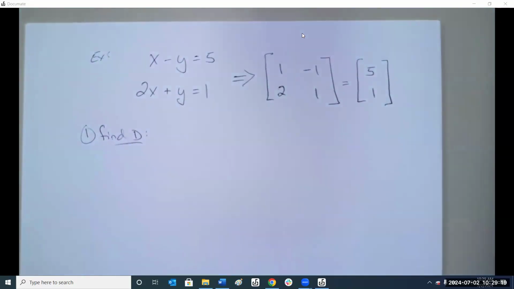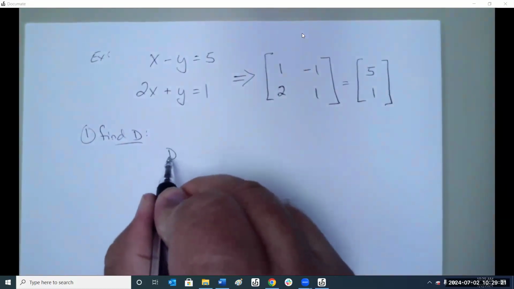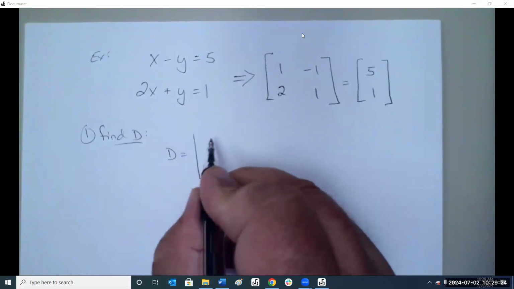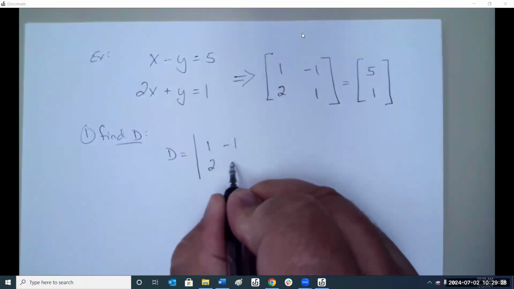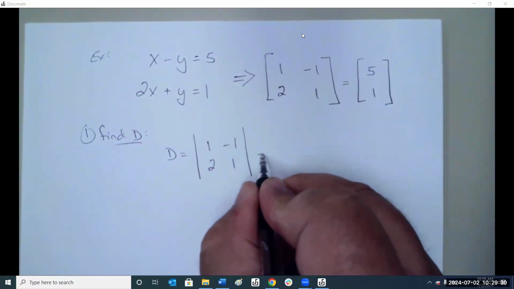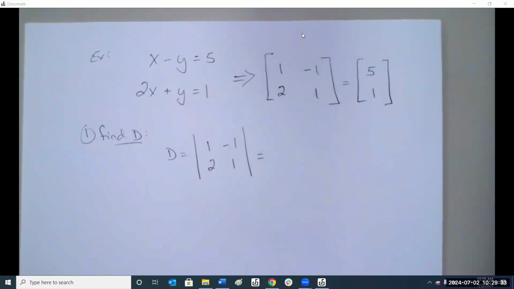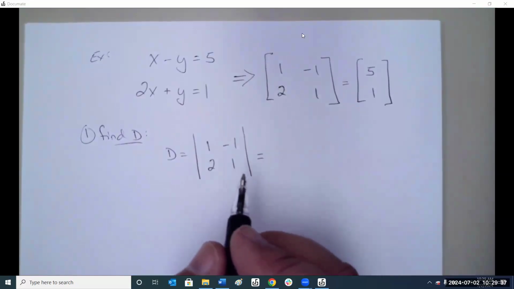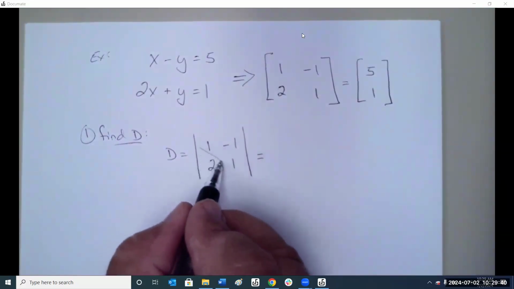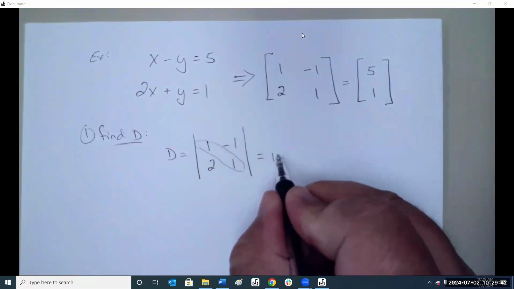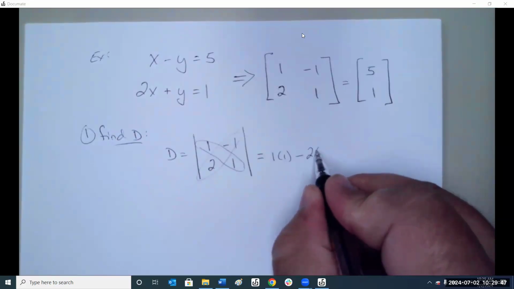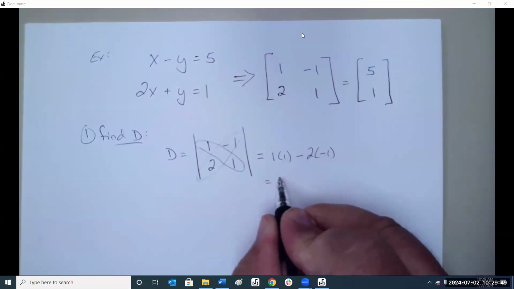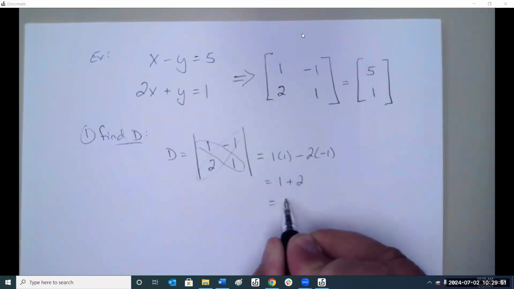We first have to find D. D is the original equation. 1 times 1 minus 2 times negative 1. 1 plus 2 is 3.